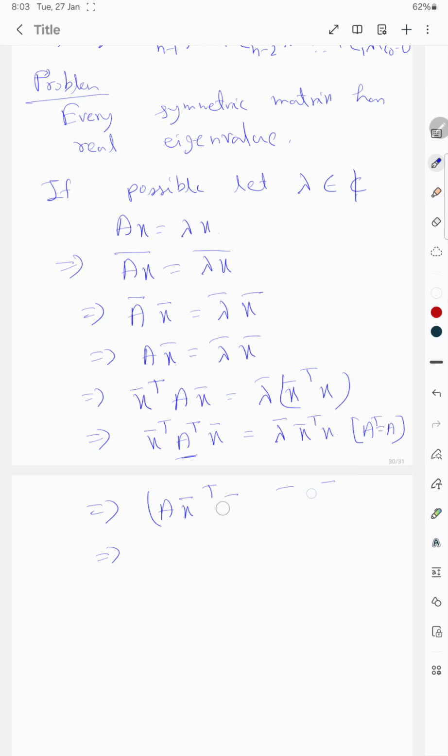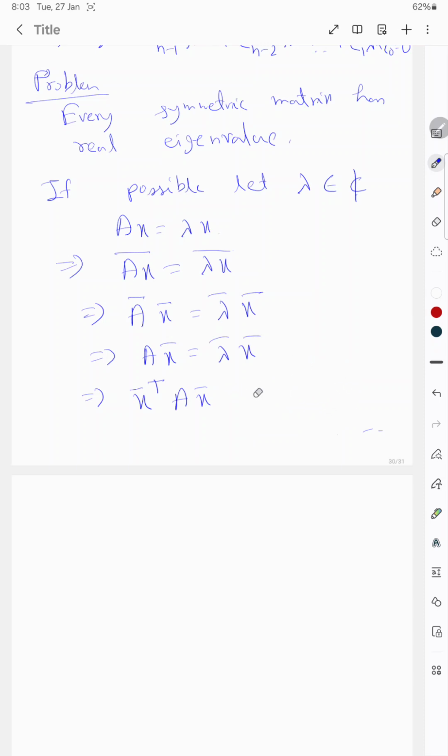I think there is some mistake. Okay, so A x bar equal to lambda bar x bar, this you have, right? Now you have to group two things. Basically, suppose you have x bar transpose A x. You can write this as x bar transpose into A x, that means lambda x, right?